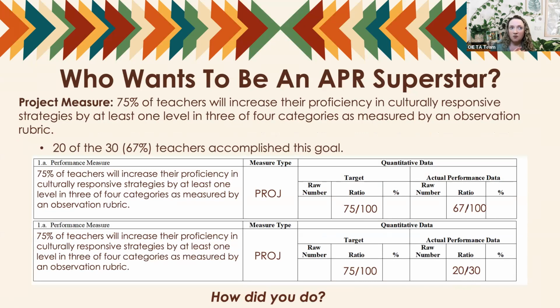I've had people ask before, if there are 30 teachers, shouldn't I just put however many teachers I want? But what if next year you have 32 teachers? That number can change. So I would suggest that you do the 75 out of 100 as your goal for that 75%, and either the 67 out of 100 or the 20 out of 30, either one, totally fine.